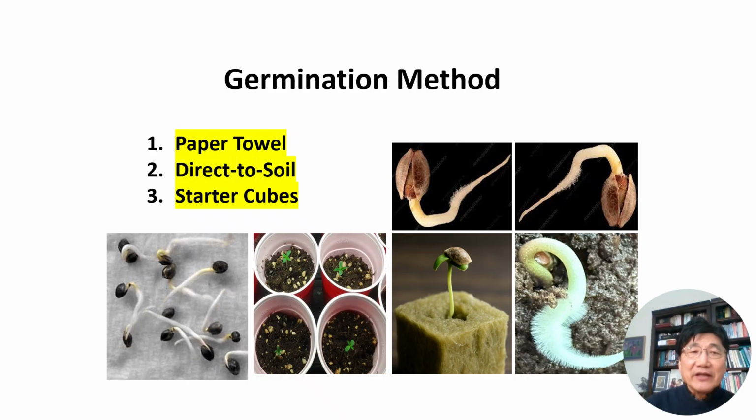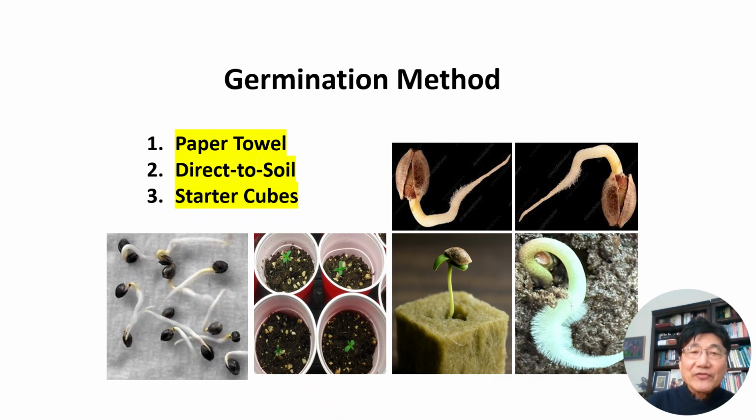Seeds are planted at a depth of 0.4 to 0.8 inches. The important thing is to place the seed pointed end downward as shown in the slide. Gently cover the seed with soil, and the soil should be lightly watered to ensure good seed-soil contact.